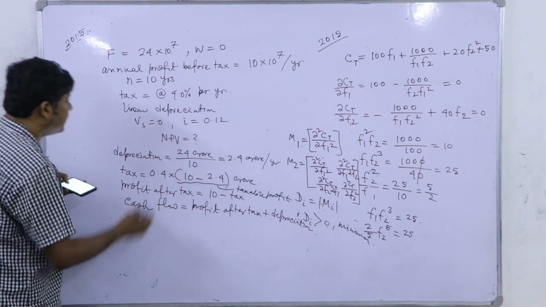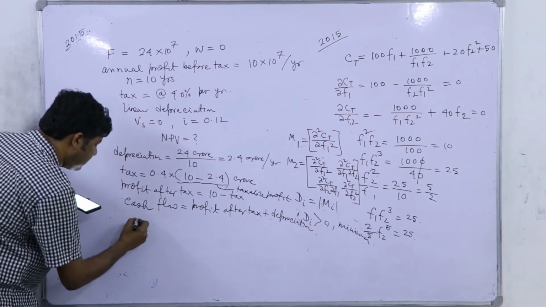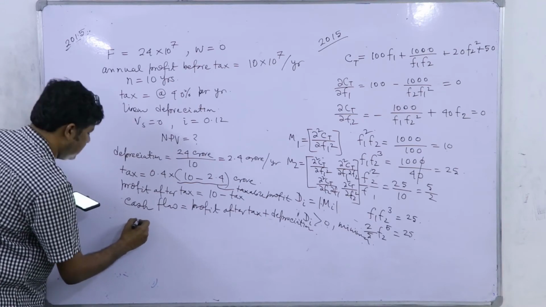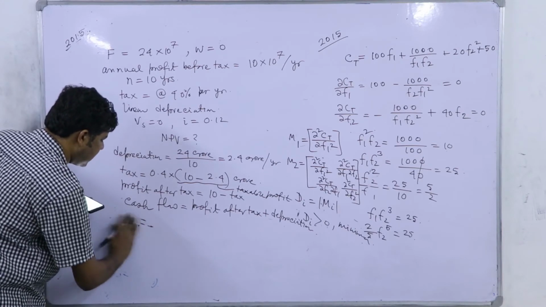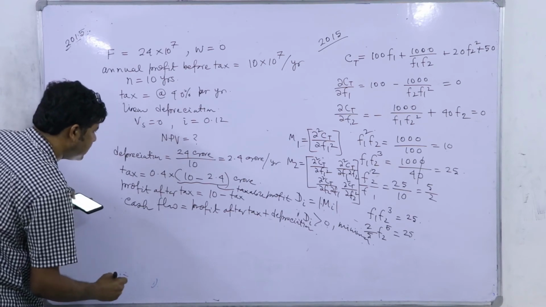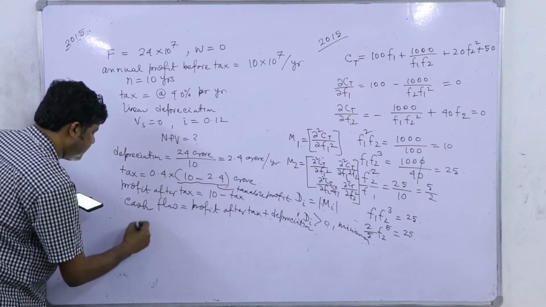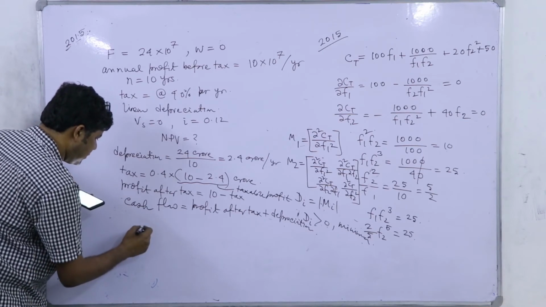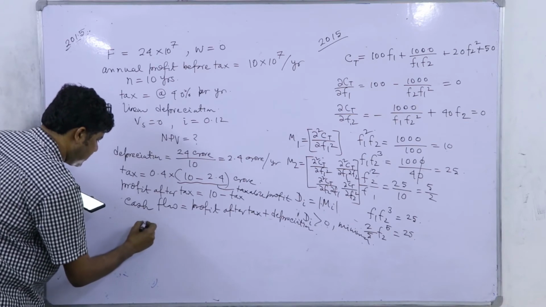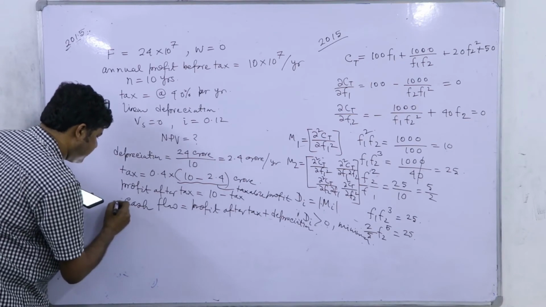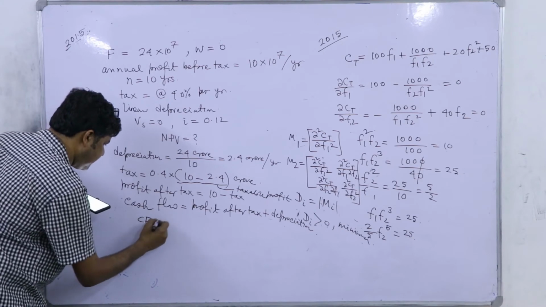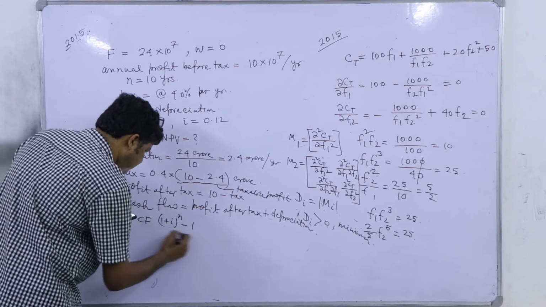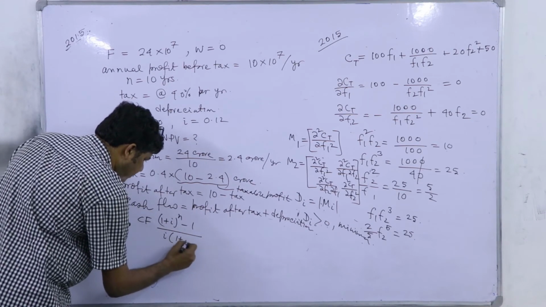So, cash flow is taking place for 10 years. So, we know this net present worth will be, if this cash flow is CF, so CF into 1 plus I to the power n minus 1 divided by I into 1 plus I to the power n.